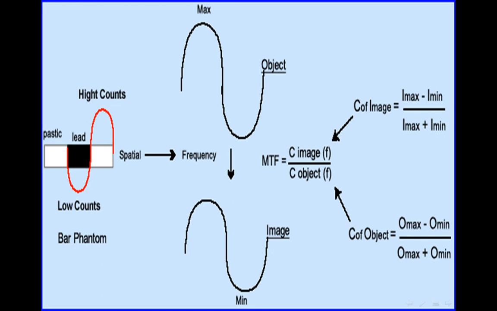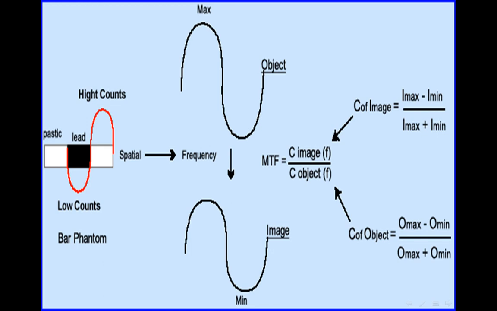So the contrast of the image will be I maximum minus I minimum divided by I maximum plus I minimum. So I will get the higher counts minus the minimum counts divided by higher counts plus minimum counts.